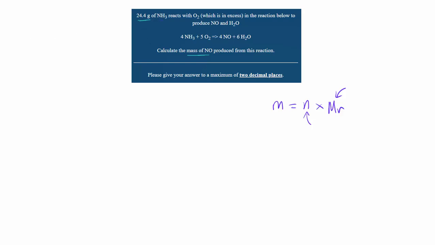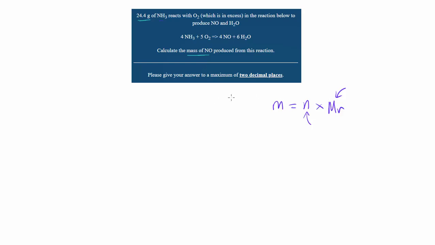Because as you can see, we have the formula for the ammonia, and we can use that in combination with the mass to work out the number of moles. Of course, what we'd need to do with the formula is work out the molar mass from a periodic table. This way we can use this equation, but rearranged.